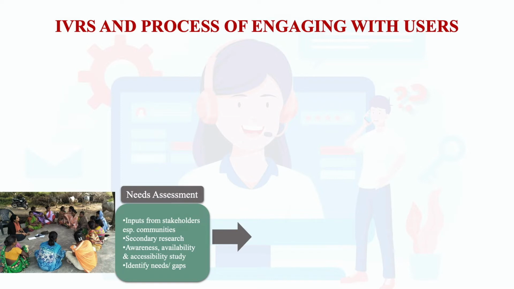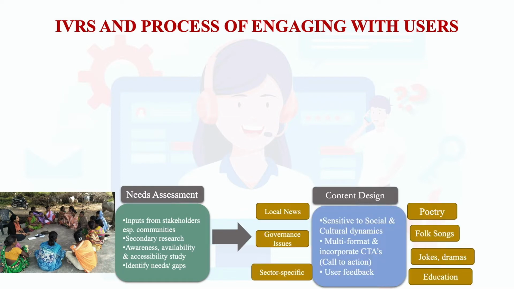The next step is content design. With all those inputs from the first step of needs assessment, now we design the content. The content should be sensitive to social and cultural dynamics of the community, and it could be in multiple formats. It could be local news. It could be in the form of governance issues. It could be sector specific.